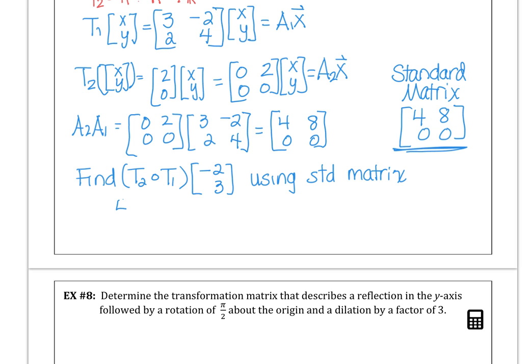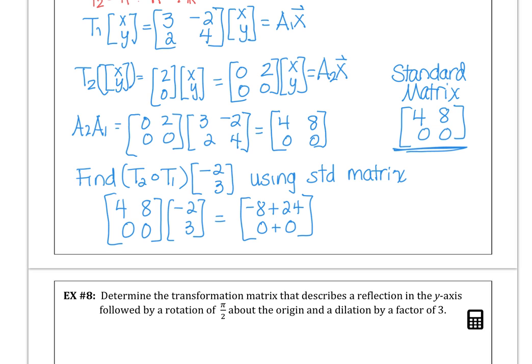We would use [4, 8, 0, 0] times [-2, 3]: 4 times -2 and 8 times 3, and then 0 times -2 and 0 times 3. That composition would be [16, 0].